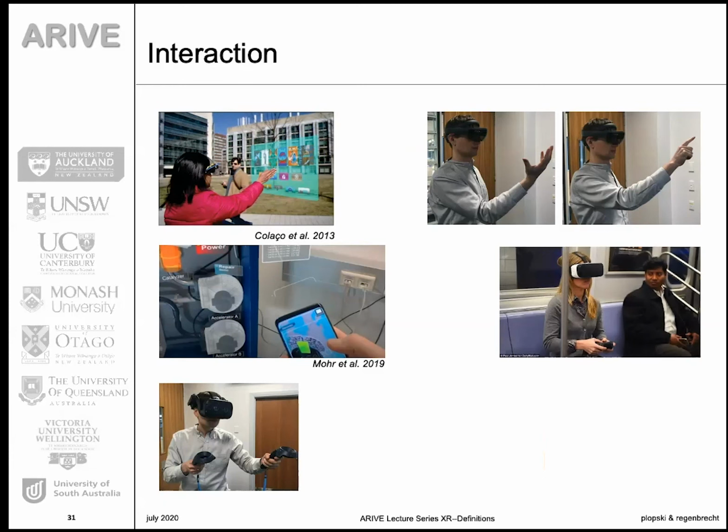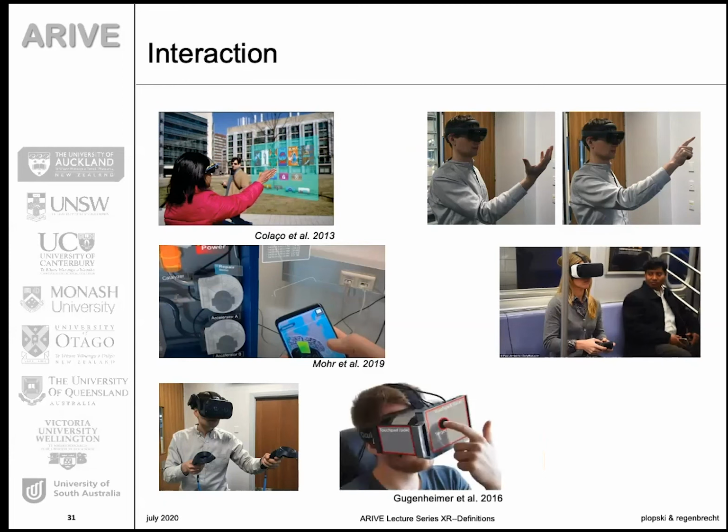And in recent years, there has been a lot of work on on-device interfaces. So for example, here the user can interact with the virtual content simply by sliding the fingers on the HMD, by interacting with the touchpad that is attached to the other side of the screen.